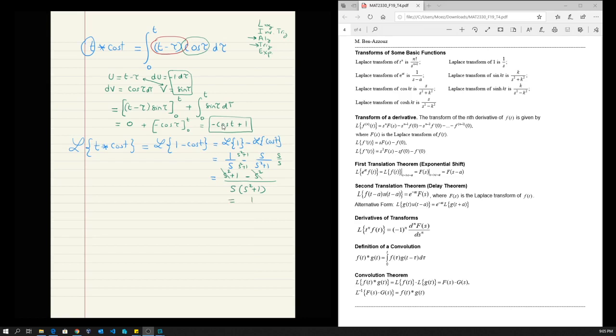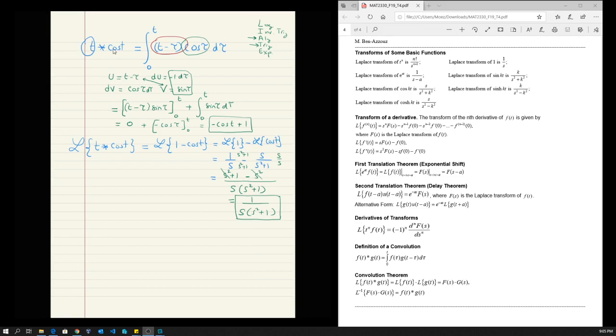And this gives you 1 over s times s squared plus 1. So if the convolution theorem did not exist, the only way I could have done this Laplace of this convolution is exactly this way. And notice it's basically filled up half a page. And this was mild because, again, I picked an algebraic and a trig function. It wasn't too bad.